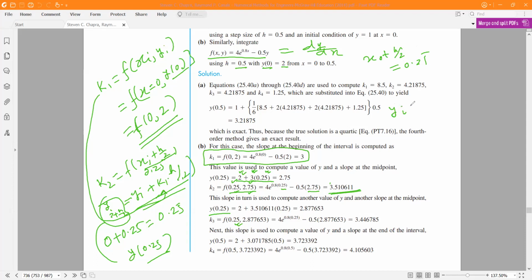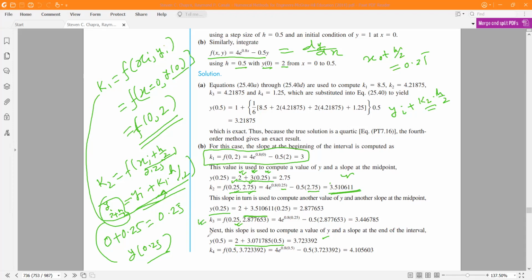That yi should be calculated as yi plus K2 into h divided by 2, isn't it? Yes, sir. So your K2 is already available here. You put your K2 there and you calculate the value. Then this is the value of your y at 0.5. This is the value of your y at this point, then you calculate your K3.